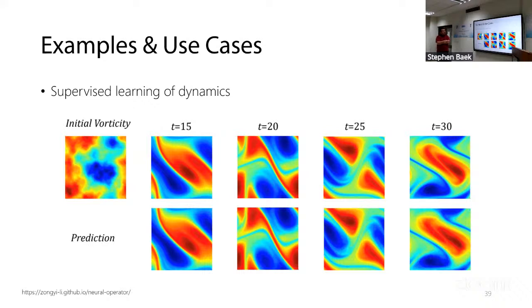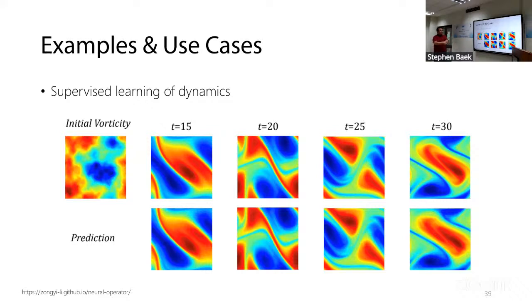You start from this initial distribution of vorticity, the velocity field evolves over time, and the neural operator is designed to predict a sequence of snapshots. There are 4 image outputs from the neural operator, corresponding to t equals 15, t equals 20, t equals 25, and t equals 30.